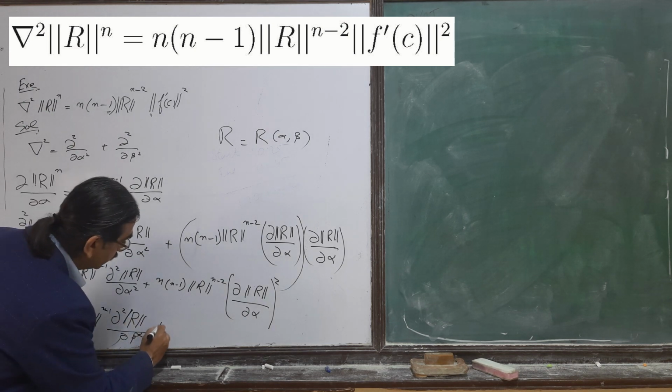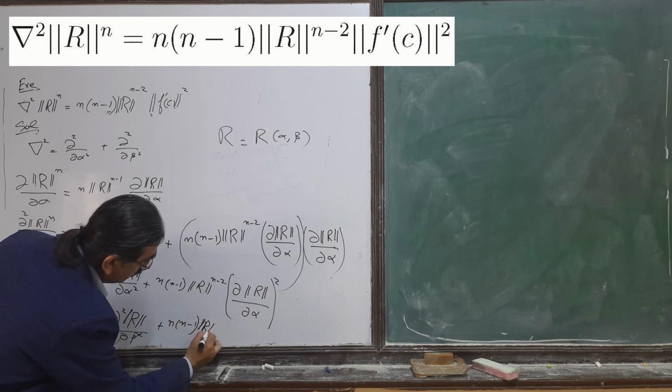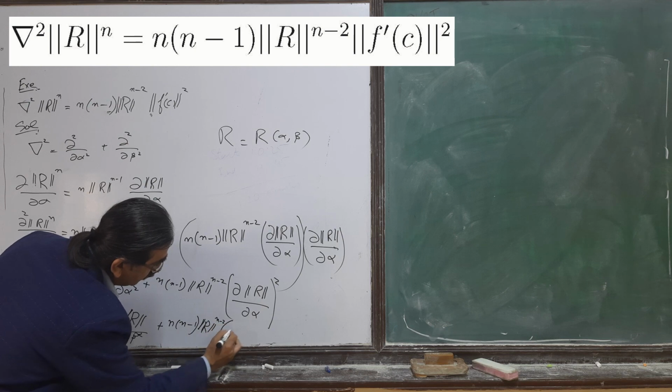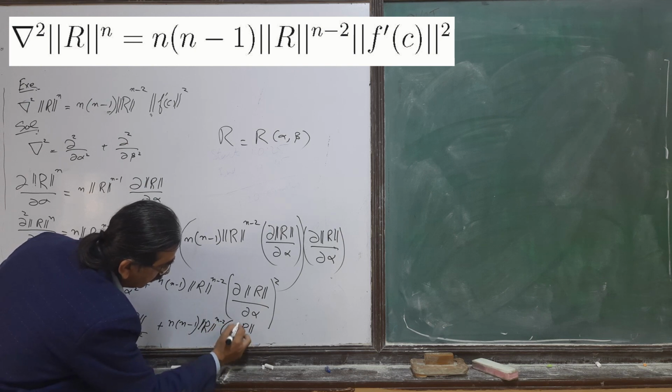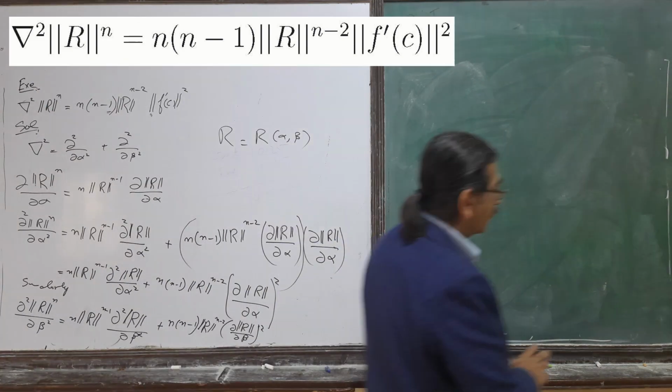And similarly for beta square, this will be equal to this.